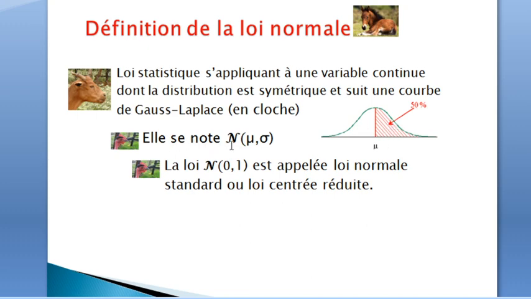The law is noted as presented here and reads: the normal distribution law of mean mu and standard deviation sigma. The normal distribution law of mean 0 and standard deviation 1 is named the standard normal distribution law.